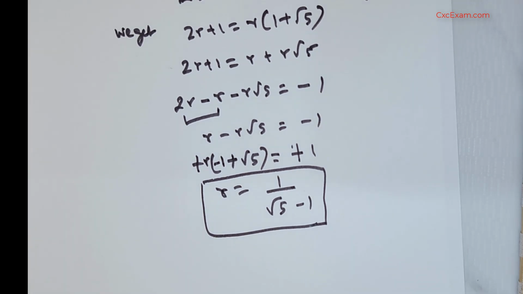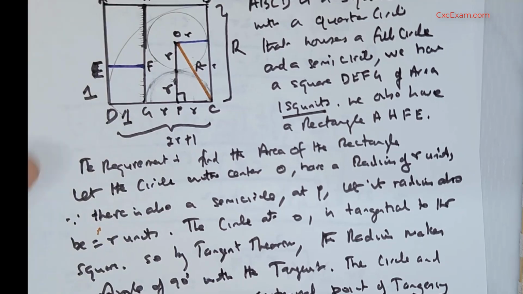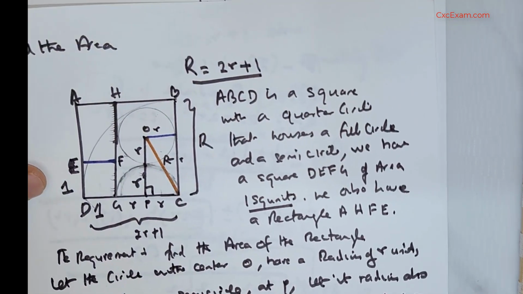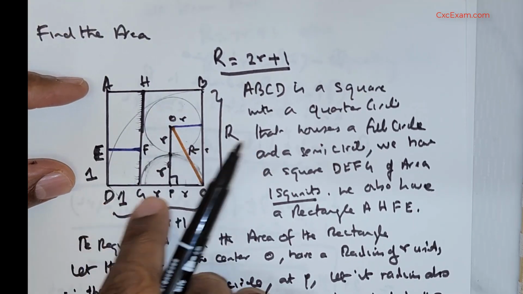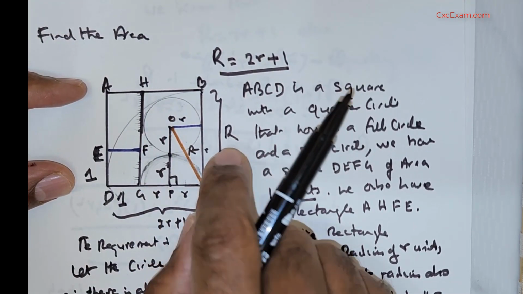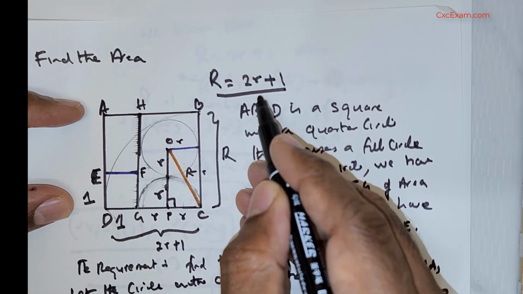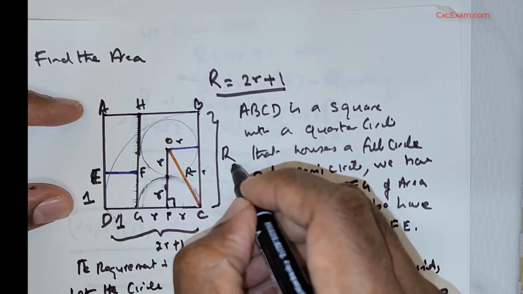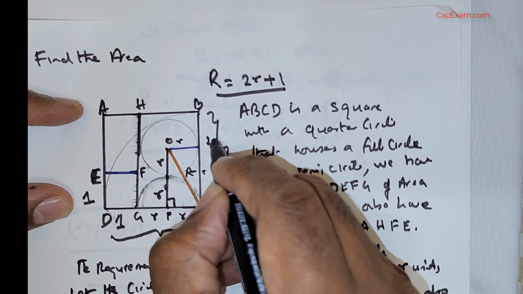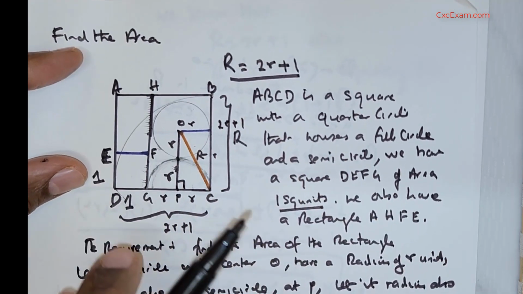Okay, now having obtained the value of r, let us go back to the figure. Now watch here. Just now we have found this radius as a representation of 2r plus 1 for the quarter circle. So this entire length is also 2r plus 1. But what are we given?